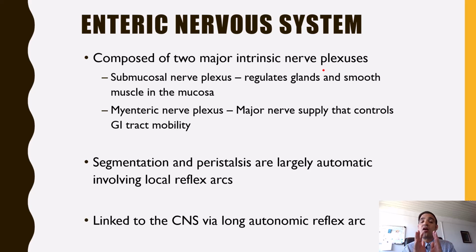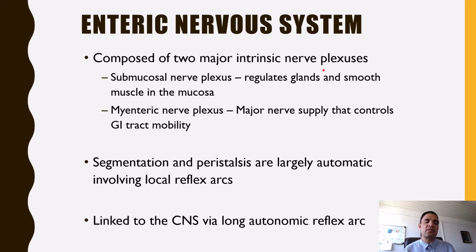But they are independent. Remember, I told you, they are independent of the central nervous system. These enteric nervous system parts are mostly responsible for local regulation of movement and gland activity.